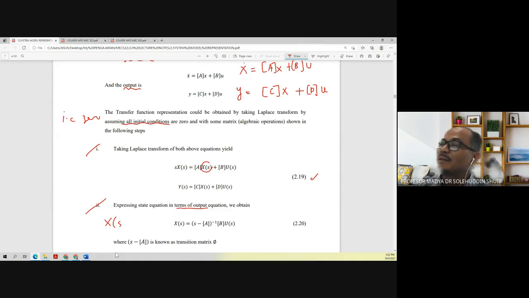So in this case, what is (sI minus A) inverse? What is sI minus A? It is known as the transition matrix.